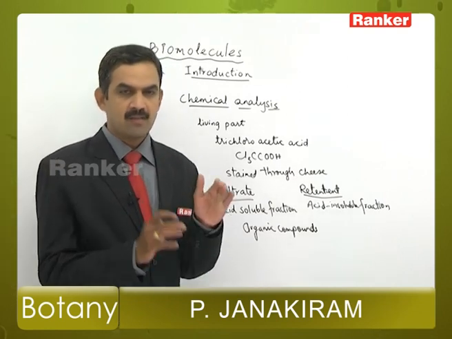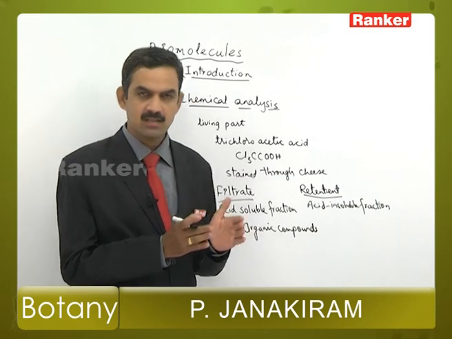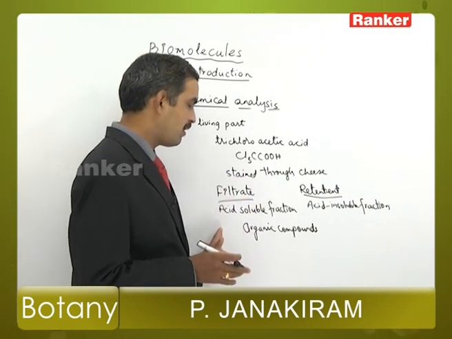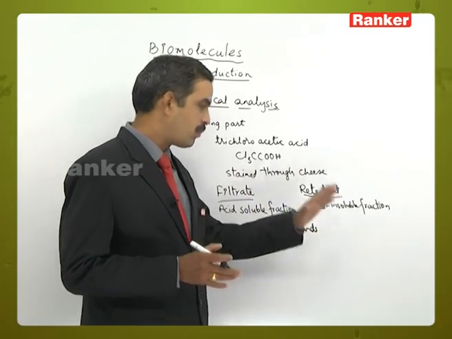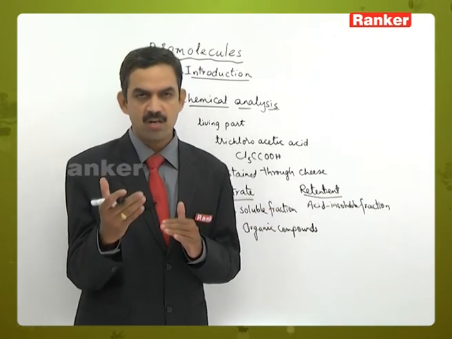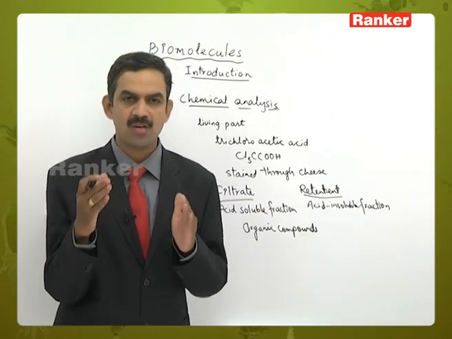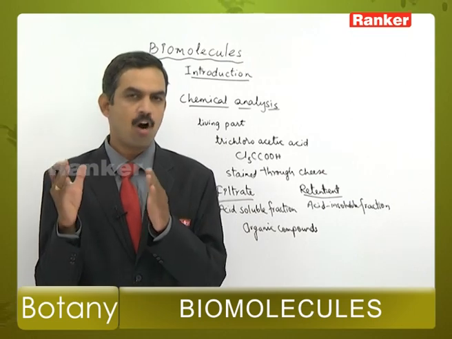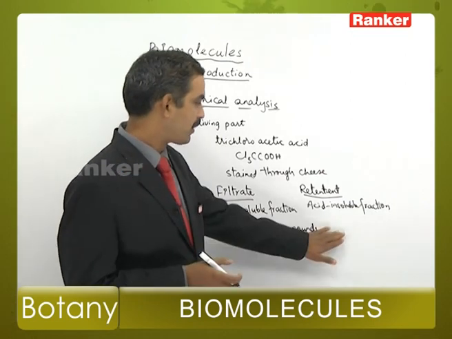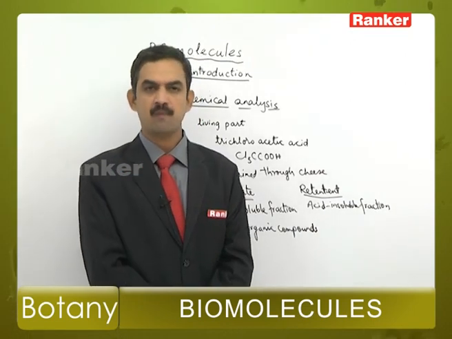Simply to say, the ones which have lower molecular weight are present in the acid soluble fraction, whereas the organic compounds which contain higher molecular weight, or simply to say more than 1000 Daltons, all such organic compounds are present in the acid insoluble fraction.